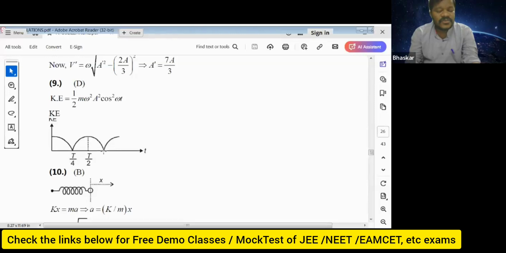So velocity keeps increasing, velocity becomes maxima, that is, kinetic energy is maximum. So this is how the kinetic energy graph is like this.